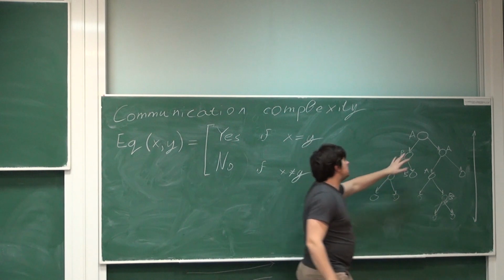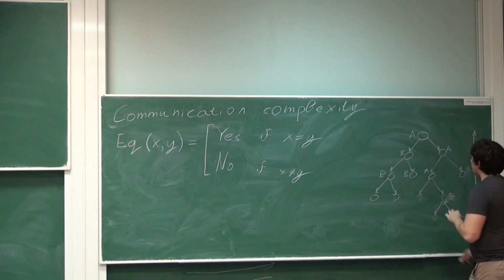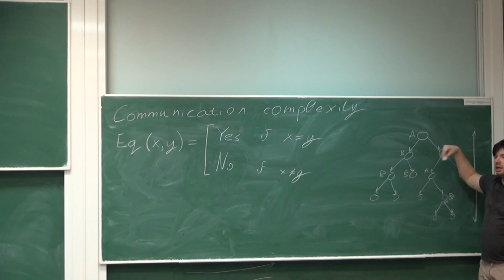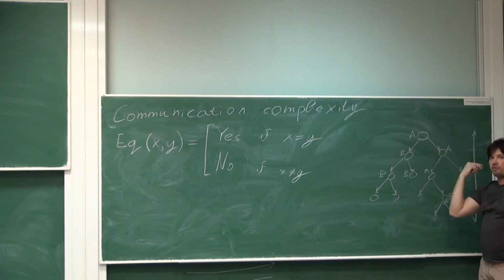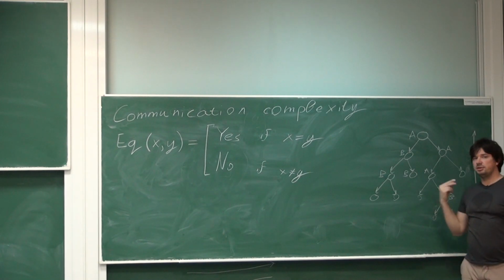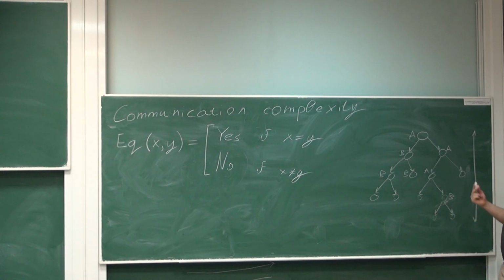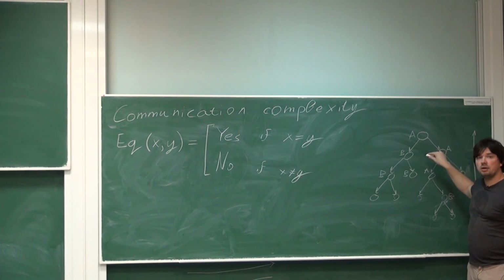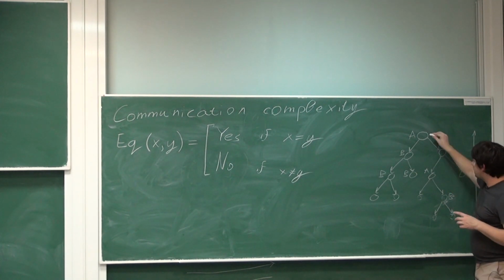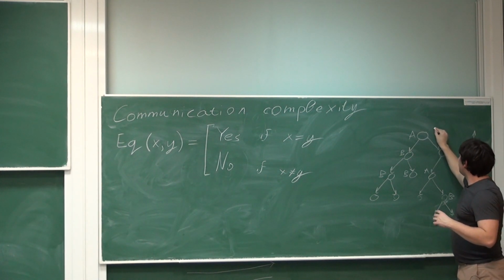So in this node, we know that on some inputs, the very first bit that Alice is going to send is 0, and on others the very first bit that Alice is going to send is 1. So this is kind of what is here.